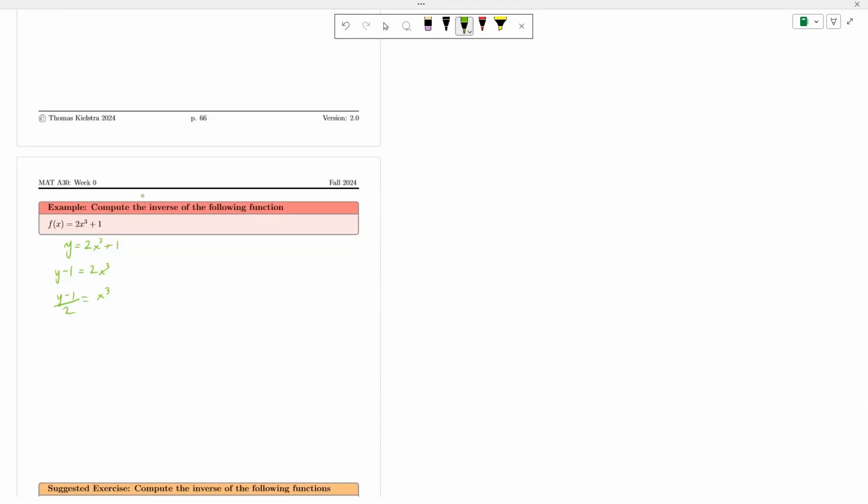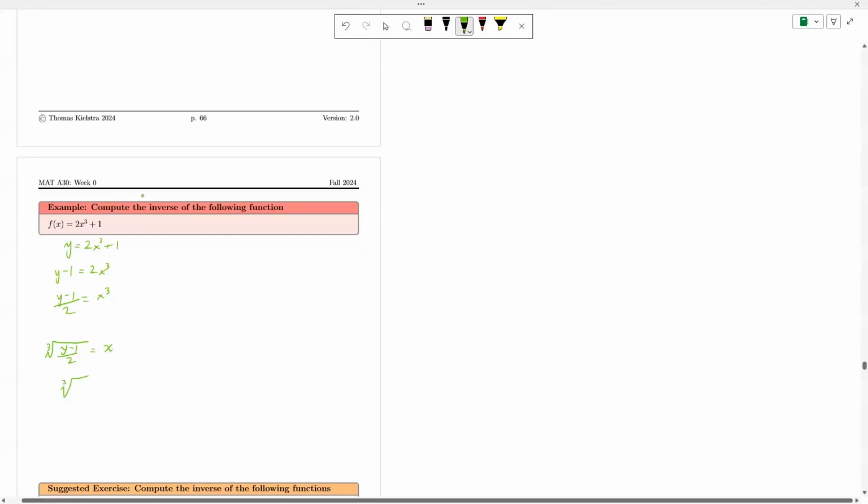We're not introducing any domain restrictions. So the cube root of y minus 1 over 2 equals x. Now we're going to swap our x and y's. The cube root of x minus 1 over 2 equals y. And now we get our f inverse of x is equal to the cube root of x minus 1 over 2.